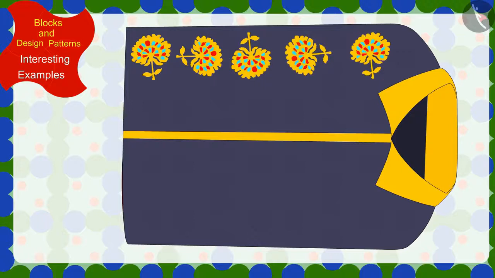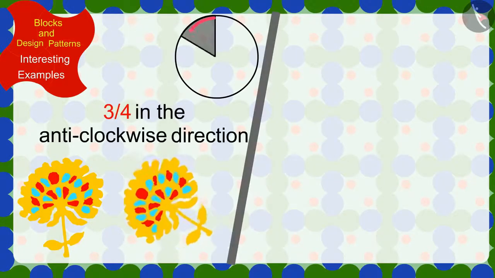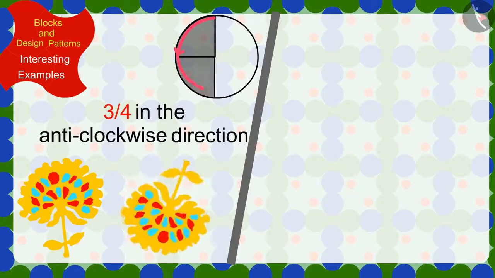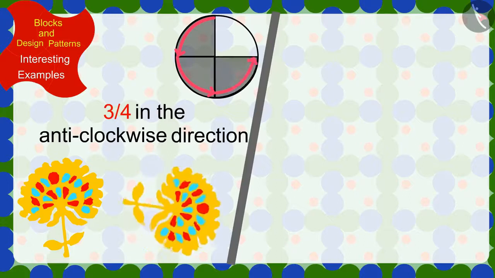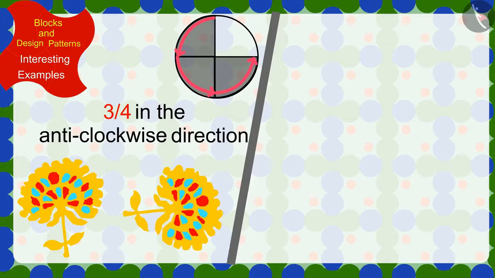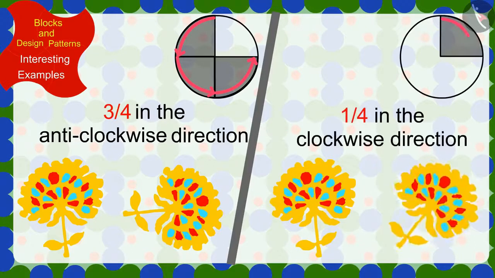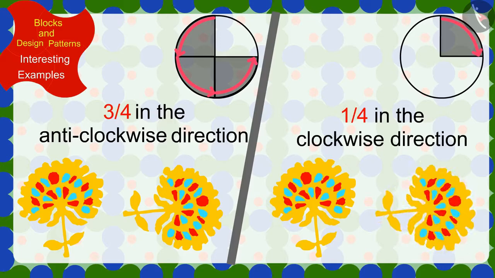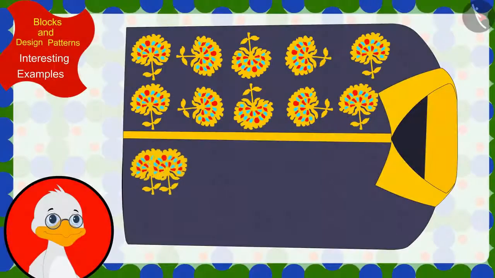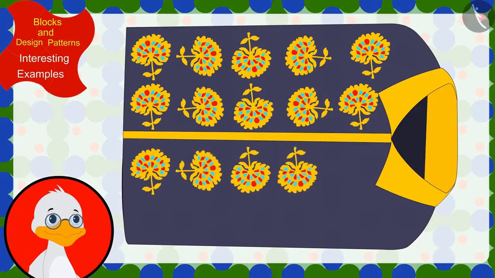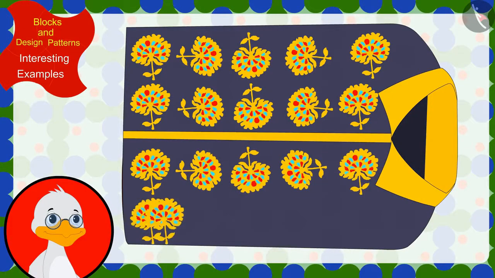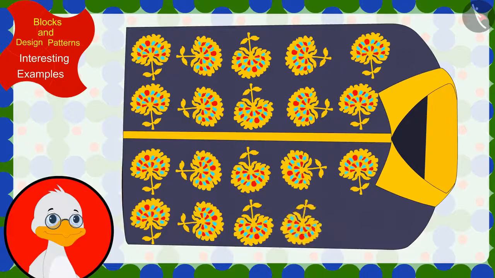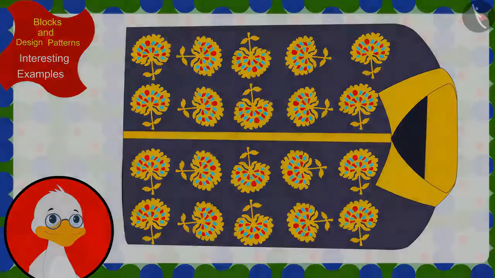You found the rule! To make this pattern, Kittu has rotated the previous impression 3/4 in the anti-clockwise direction, or 1/4 in the clockwise direction every time. Uncle too, like you, found the rule of this pattern and completed the design made on this shirt.